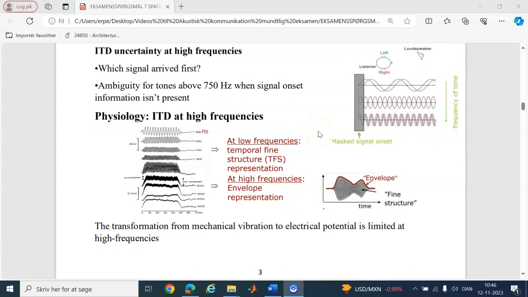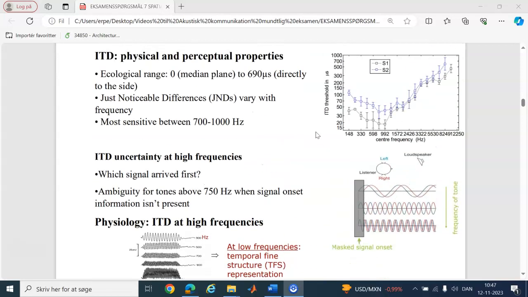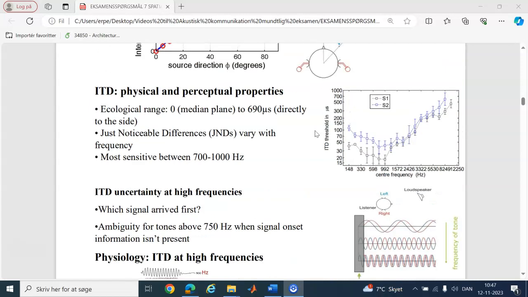At low frequencies, ITD uses temporal fine structure representation. At high frequencies it is envelope representation. The transformation from mechanical vibration to electrical potential is limited at high frequencies.